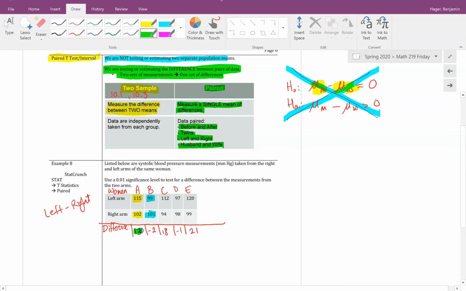So really what I'm doing is these are the data values I'm interested in. I want to see if those data values suggest that there's a difference between left and right blood pressure measurements. Some are high, some are low. So the question is really, we want to analyze this set of data.